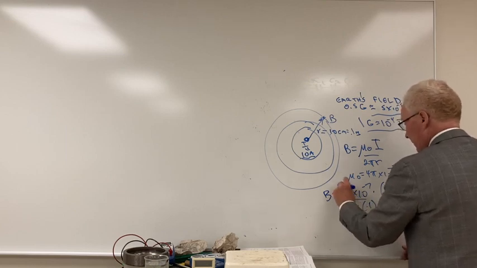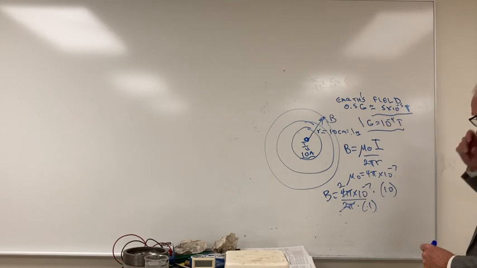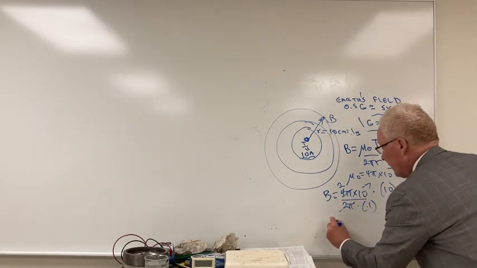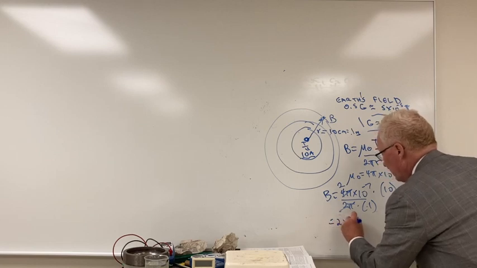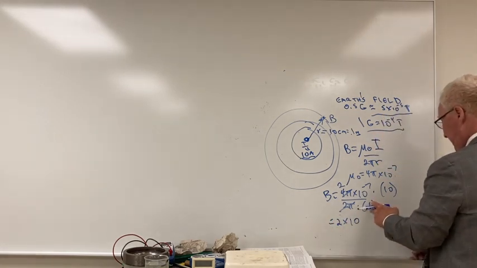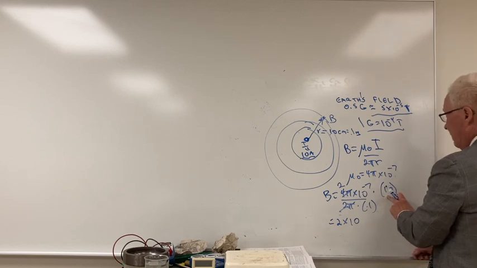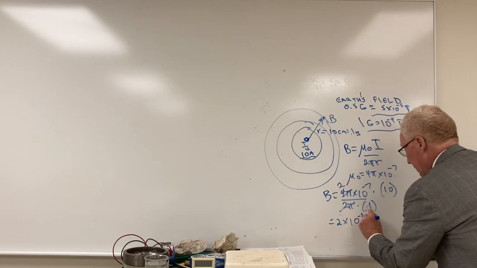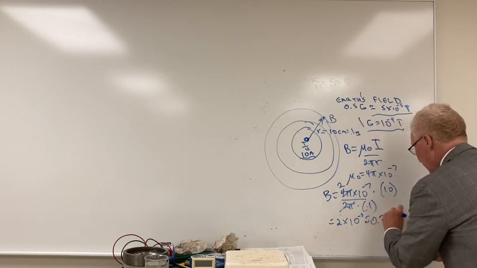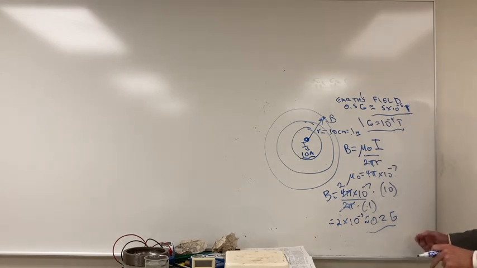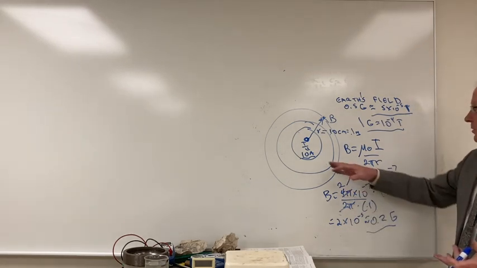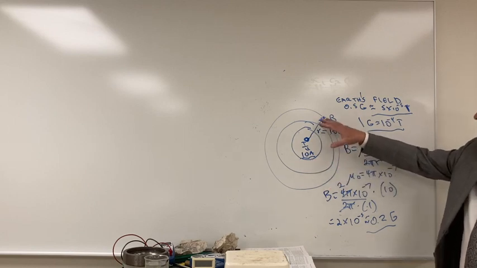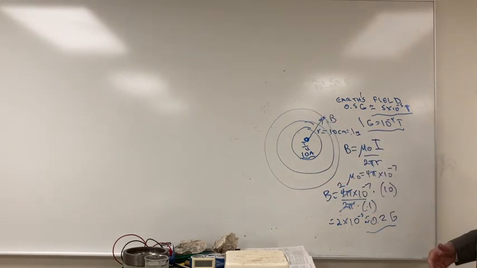This cancels out to give me 2, so that would be 2 times 10 to the minus 5th, or about 0.2 Gauss. So a current of 10 amps, which is quite high, produces a relatively weak field at a distance.